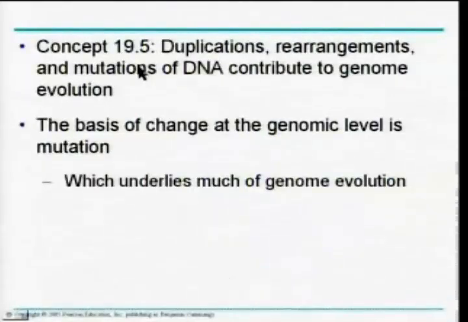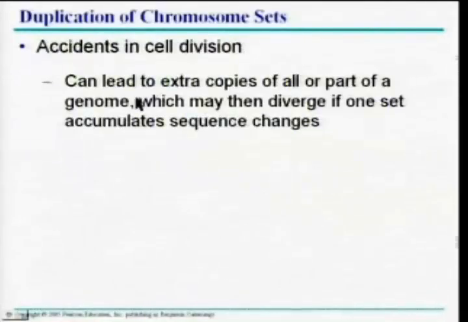Concept 19.5, duplications, rearrangements, and mutations of DNA contribute to gene evolution. The basis of change at the genome level is mutation, which underlies most of genome evolution. The topic then, duplication of chromosome sets.